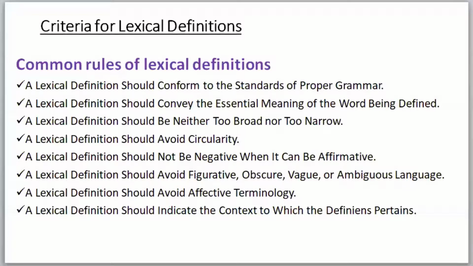For example, dark is by its very nature a negative word, so we should define it negatively. We may define dark as the absence of light. The phrase "the absence of" expresses a negative notion, so we may define it negatively. But if the word can be defined affirmatively or positively, we should define it accordingly.